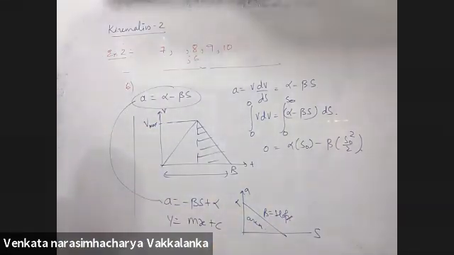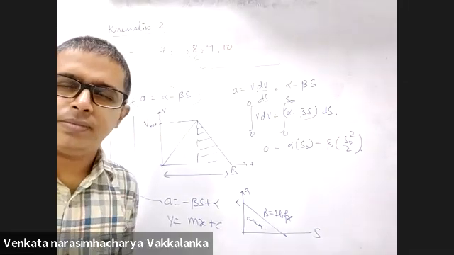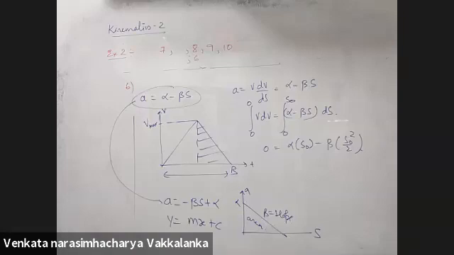Area underneath, will I get v square minus u square? Yes. Several ways of looking at the problem. I put both the ideas, see which one appeals to you, use that.